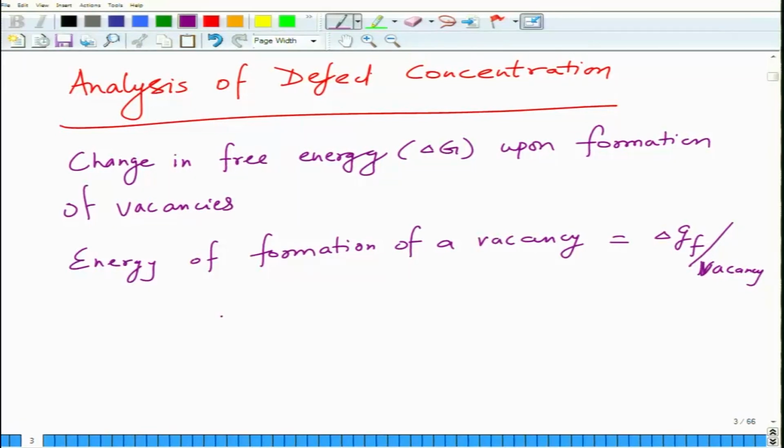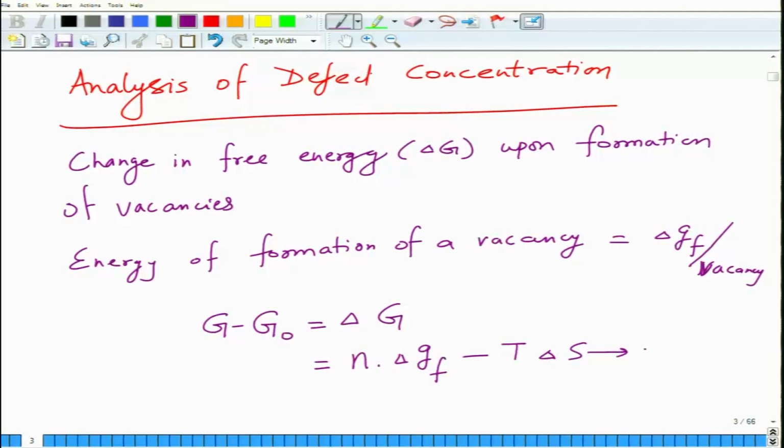Now, the corresponding change in the free energy is G minus G naught, where G naught is the equilibrium free energy when you did not have any vacancy. This change in free energy, delta G, is equal to delta H minus T delta S. Delta H is the number of vacancies multiplied by the enthalpy of formation of vacancies, delta Gf, minus T delta S, and this delta S happens to be the change in the configurational entropy.